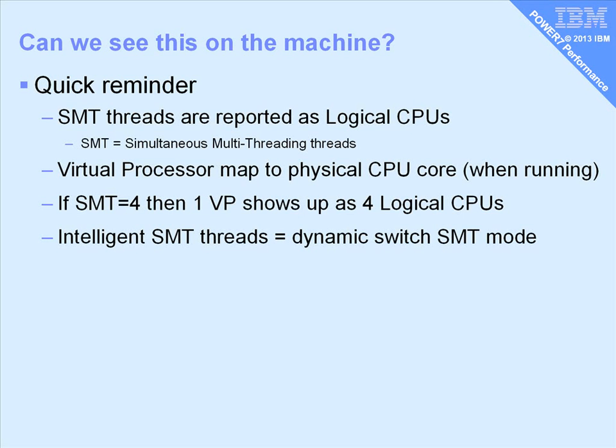Don't forget, with our intelligent SMT threads, as we have with POWER7 and 7 Plus, we can dynamically switch SMT mode. Although the official mode is 4, running 4 logical CPUs, if it hasn't got enough processes to actually run, it will dynamically switch to 2 or to 1 because it's more efficient to run it that way. We can actually see that in the numbers for some of the commands.